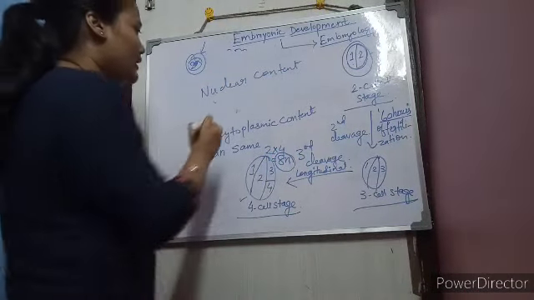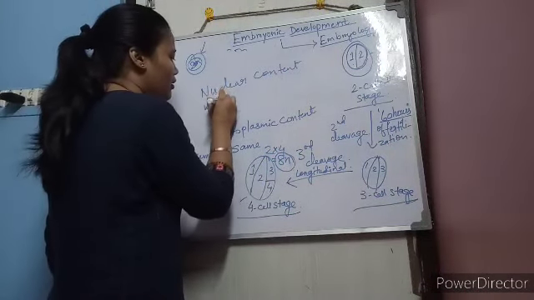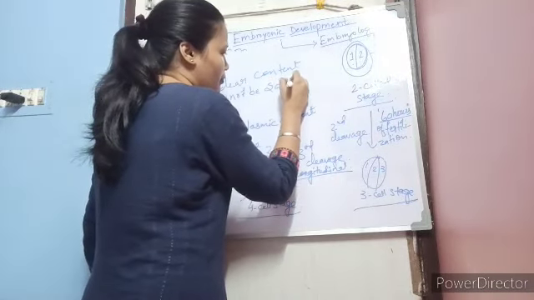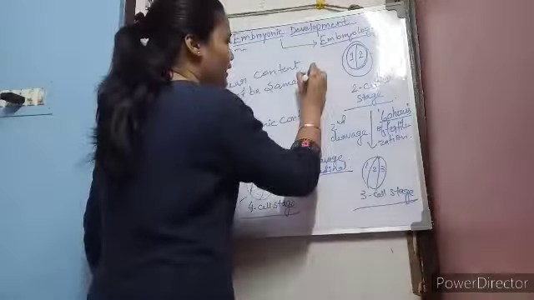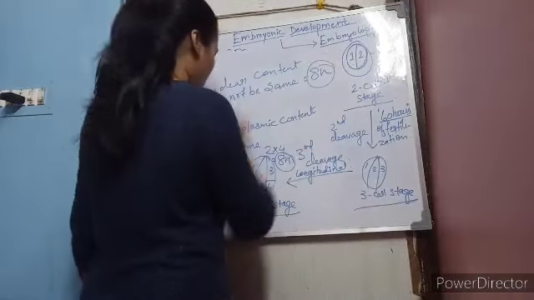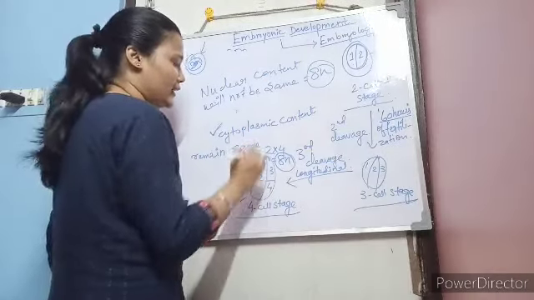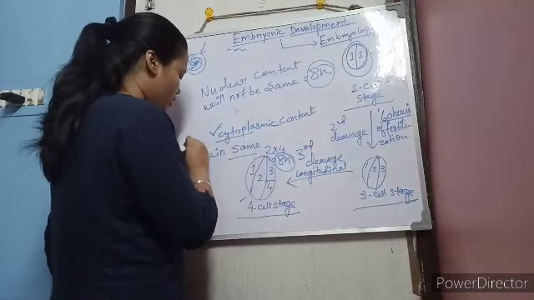So the nuclear content will not be the same, and in the 4-cell stage it becomes 8n. But the cytoplasmic content of the whole body will remain the same.